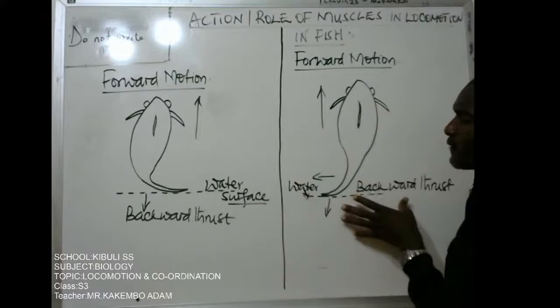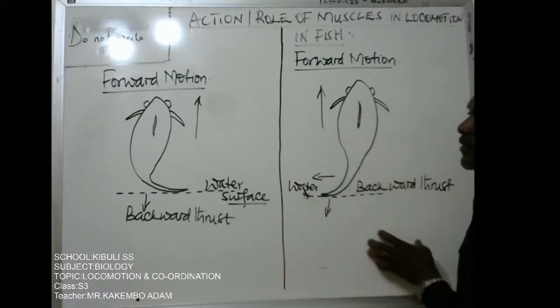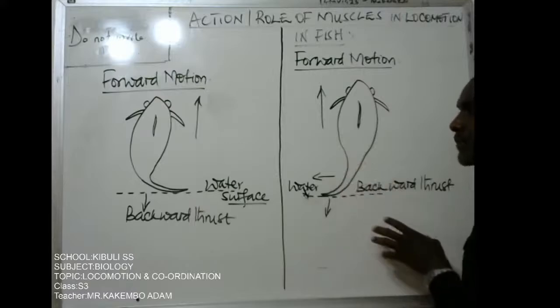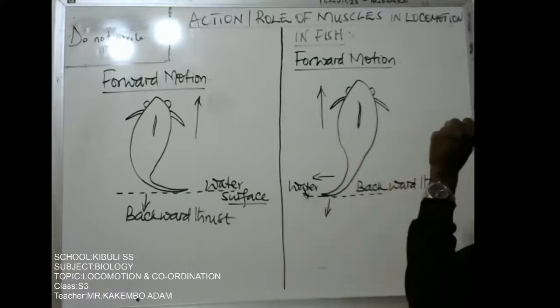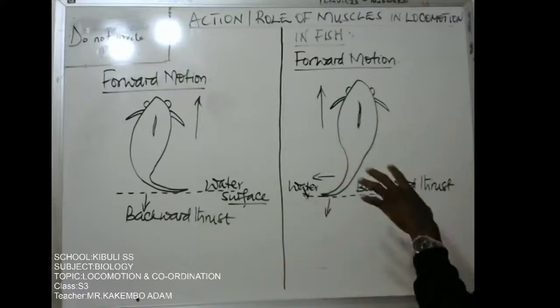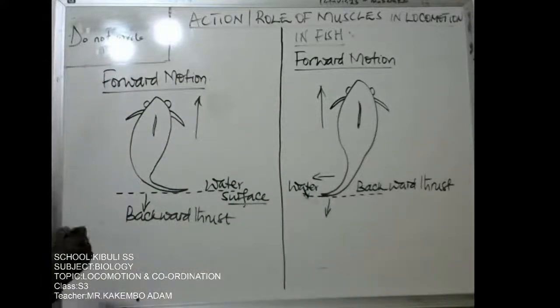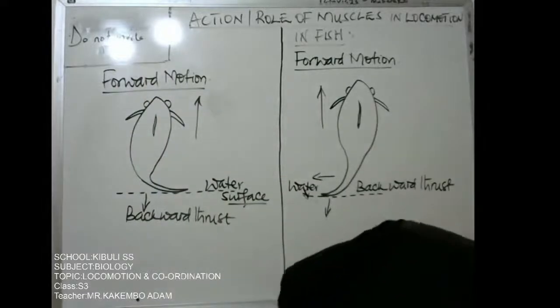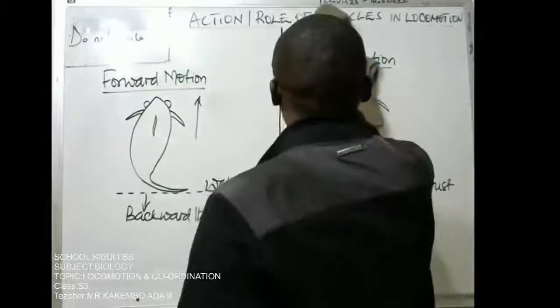Much as the body of the fish has different types of fins, the fins are not necessarily playing a role in locomotion in terms of movement, but they mainly control stability in fish. So, the role of fins in locomotion.